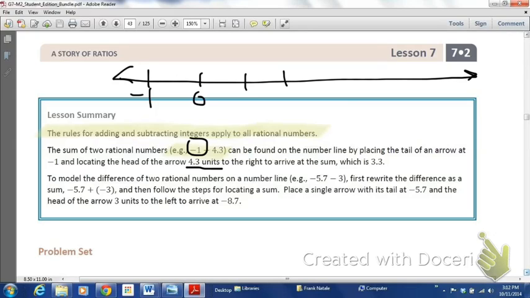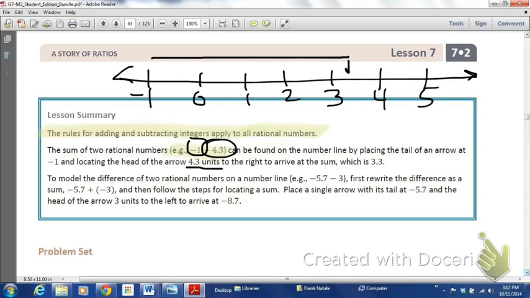Okay, 1, 2, 3, 4, 5. And then we're going to go 4 and 4.3 to the right because it is positive. We go 1, 2, 3, 4, and then 0.3 is going to be right there, and we end up at 3.3.